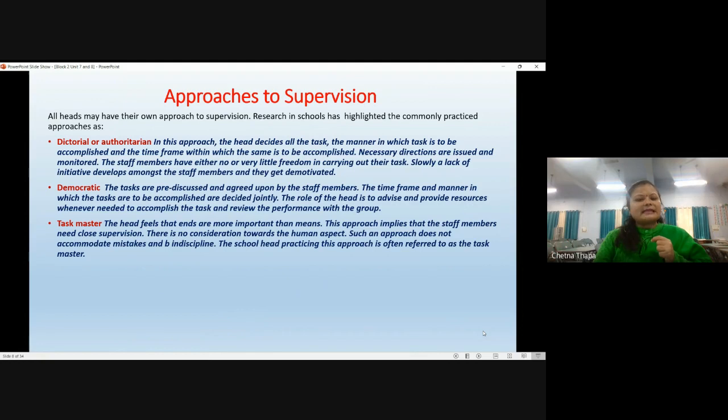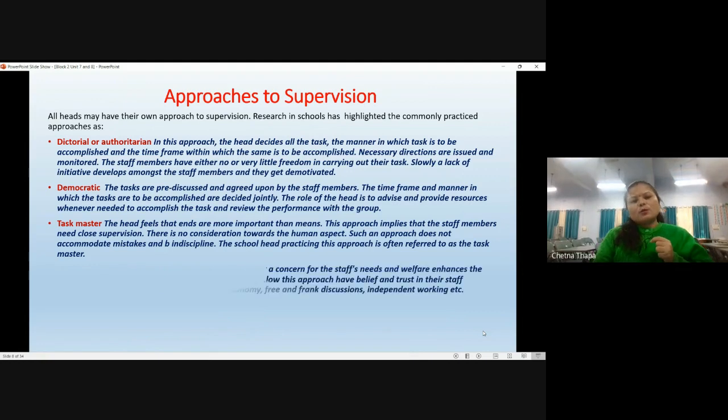He doesn't like anyone making mistakes, and he cannot accommodate a mistake. He doesn't like indisciplinary behavior among his staff members. So when the school head is practicing this approach, then it is often referred to as taskmaster.